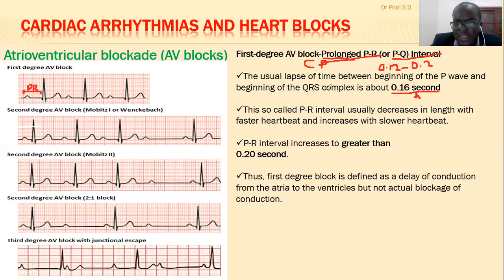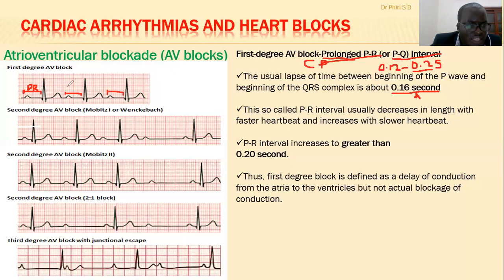Under normal circumstances, it's supposed to be 0.16, or a maximum of 0.2 seconds, or one big box. But you can see here it is prolonged. Then you have your P wave here, the beginning of the P wave to the beginning of the QRS complex, and again your P wave here to the beginning of the QRS complex.